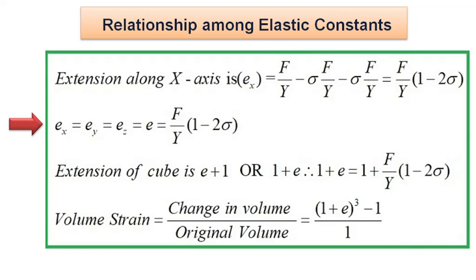Here the extension along the x-axis, Ex, is equal to capital F divided by capital Y, minus sigma into capital F divided by capital Y, minus sigma into capital F divided by capital Y, which is equal to capital F divided by capital Y into bracket 1 minus 2 sigma. Ex is equal to Ey is equal to Ez is equal to E, which is equal to capital F divided by capital Y into bracket 1 minus 2 sigma.